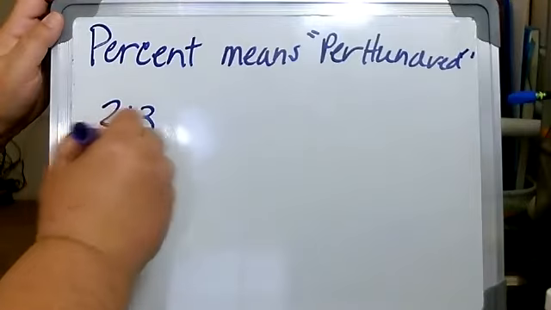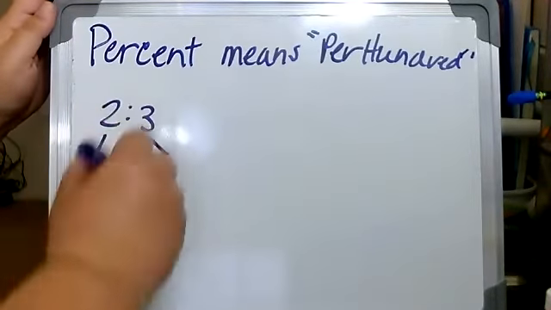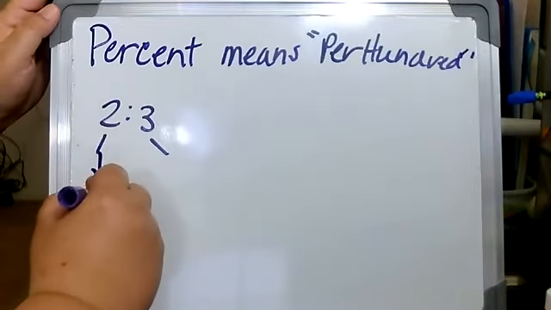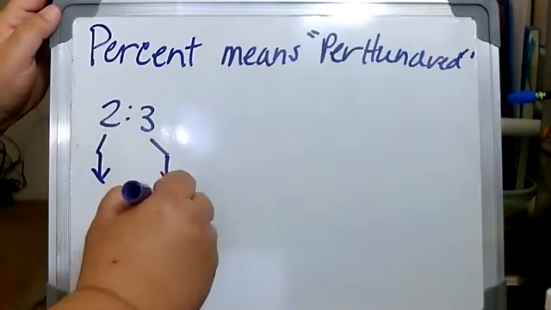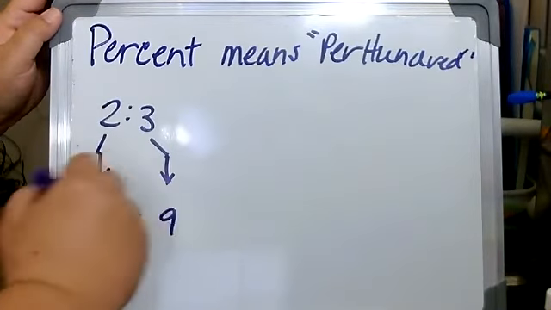So for every 2 of something, you have 3 of something else. Meaning that if you have, say, 6 of something, then you would have 9 of that something else. That still maintains the 2 to 3 ratio.